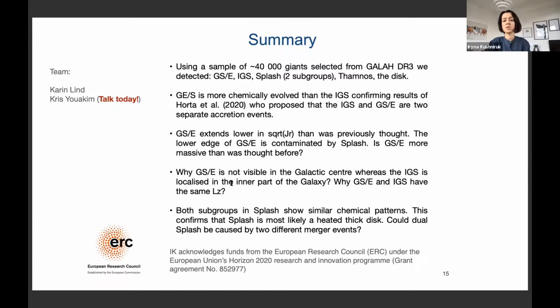And also the question is why Gaia Enceladus sausage and the inner galaxy substructure have the same LZ, but the inner galaxy substructure is localized in the inner part, and Gaia Enceladus sausage is located mainly in the outer parts. And the dual nature of the splash: what could cause this dual nature? Can it be somehow connected to 2 different merger events? So I'll leave you with a number of questions that we still need to answer. And thank you.